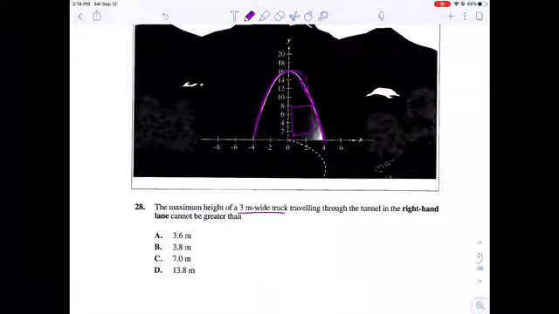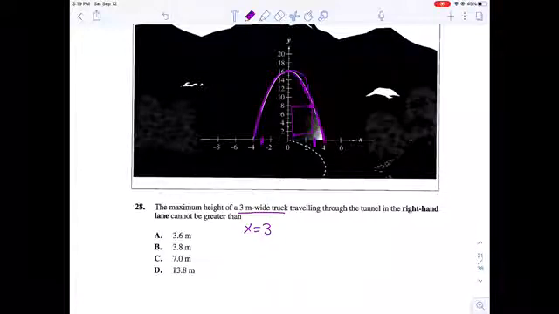What's the maximum height that this truck can be if it's 3 meters wide? So that means our x value here would be 3 or negative 3. And actually, if it's going in the right lane, then it would be the positive 3, I guess, right? So x is equal to 3.